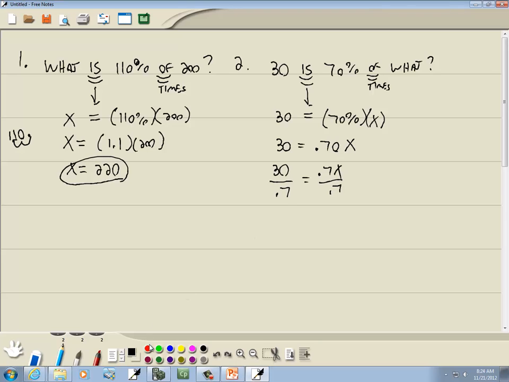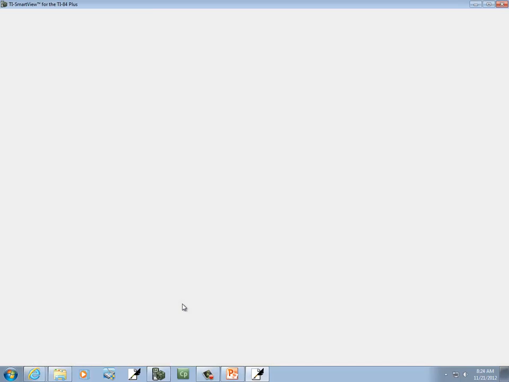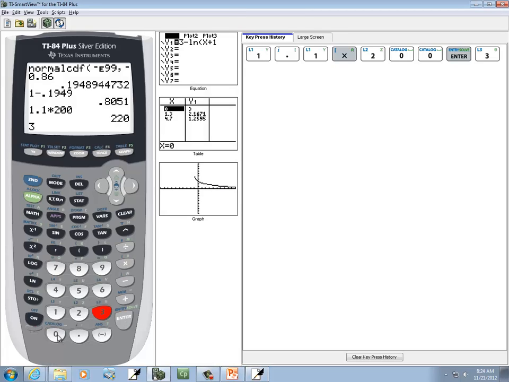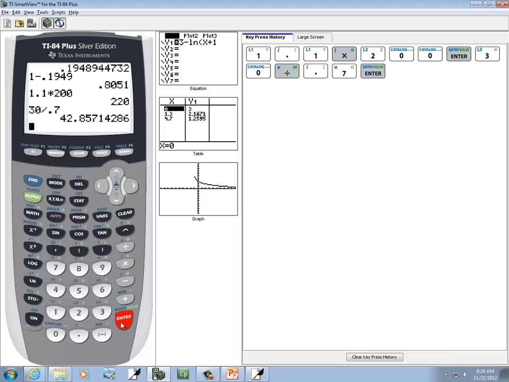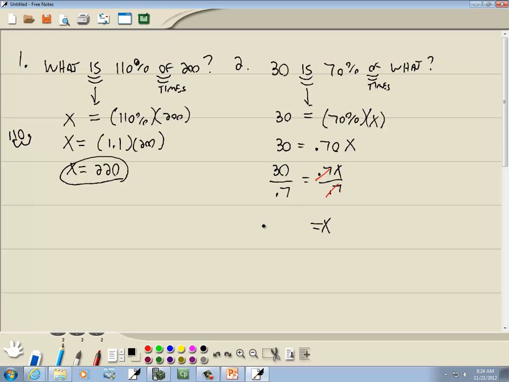Trailing zeros drop off. Those 0.7s cancel. And we got 30 divided by 0.7. It doesn't say how many decimal places, so I'll take it to 2. 42.86. And that's our answer.